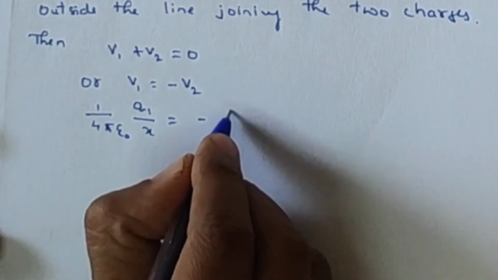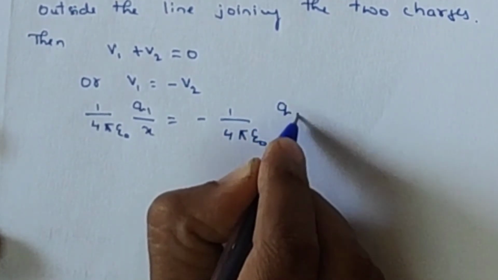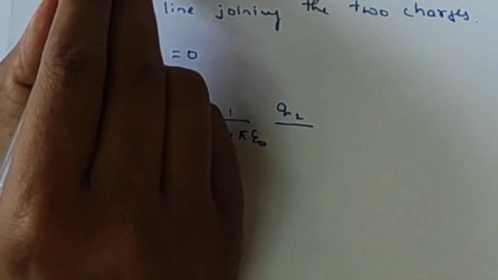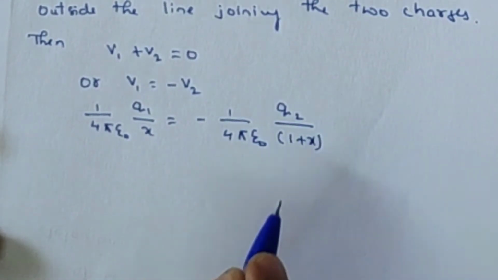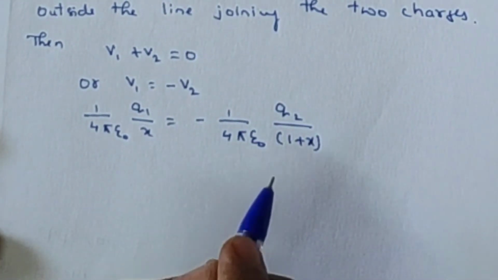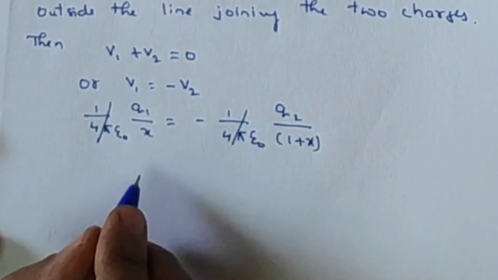This is minus 1 divided by 4 pi epsilon naught Q2 divided by, from here to here, 1 plus x. That will be the distance. Now see, this and this get cancelled.